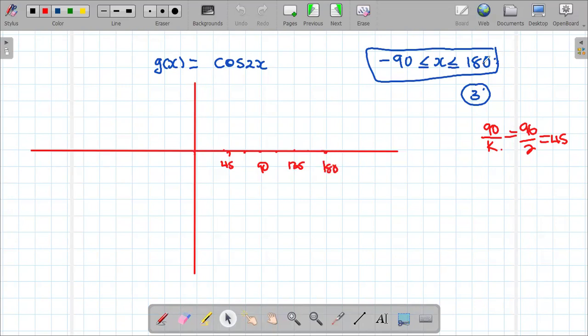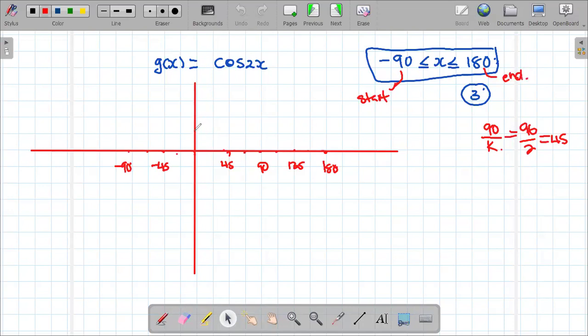So I'm gonna end at 180 because that's where my graph starts and ends. On this side I'm going to have negative 45, and negative 90, because that's the domain. That's where the graph starts, and that's where the graph ends.